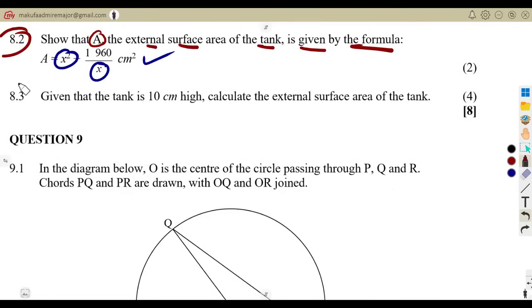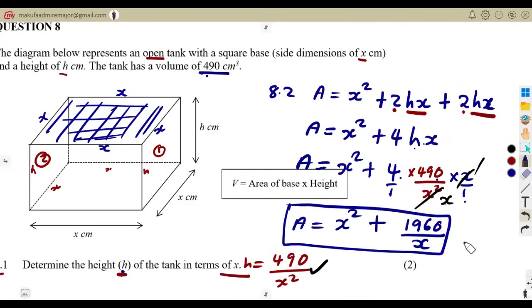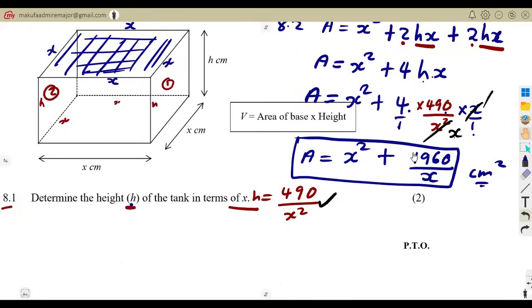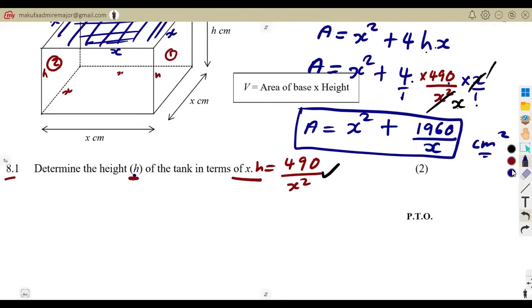And after that, they now want you to calculate the external surface area of the tank, given that the tank is 10 centimeters high. If this tank is 10 centimeters high, remember this is your area, in square centimeters. Now they are saying, determine the area if the height is 10 centimeters.